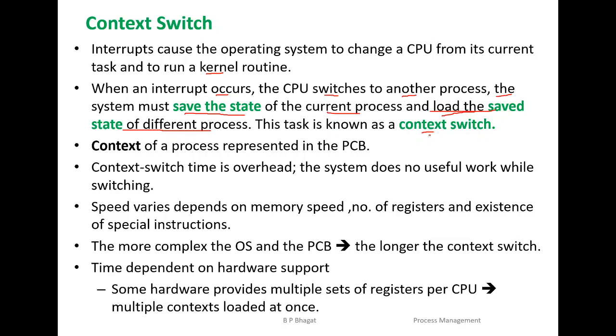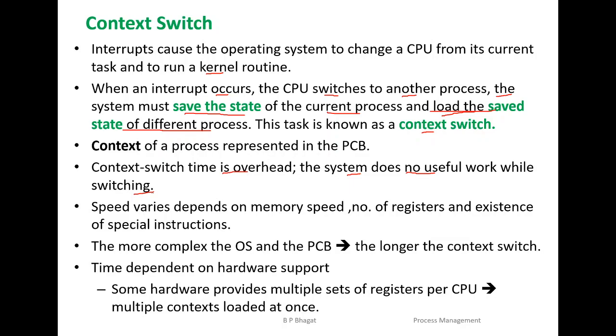The context of a process is represented in the PCB. The context switch time is pure overhead, which means that in this time the system does no useful work while switching from one process to another.